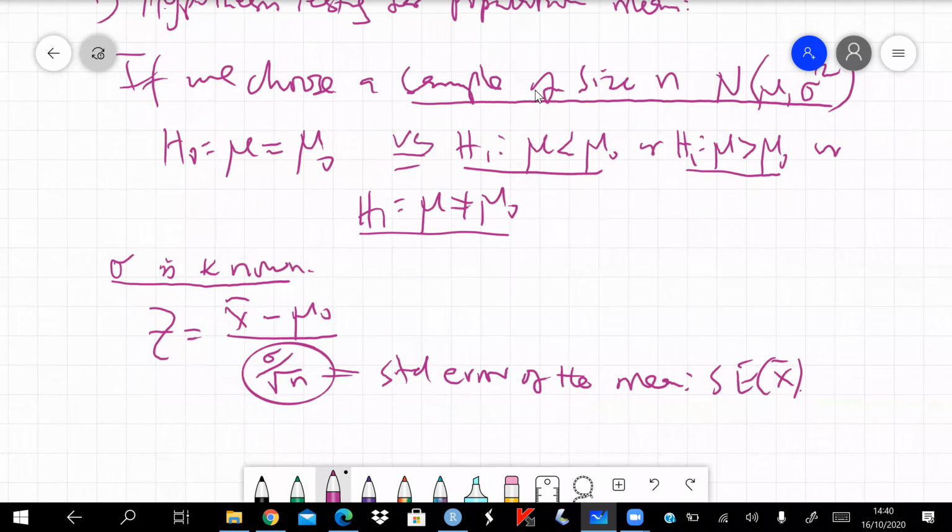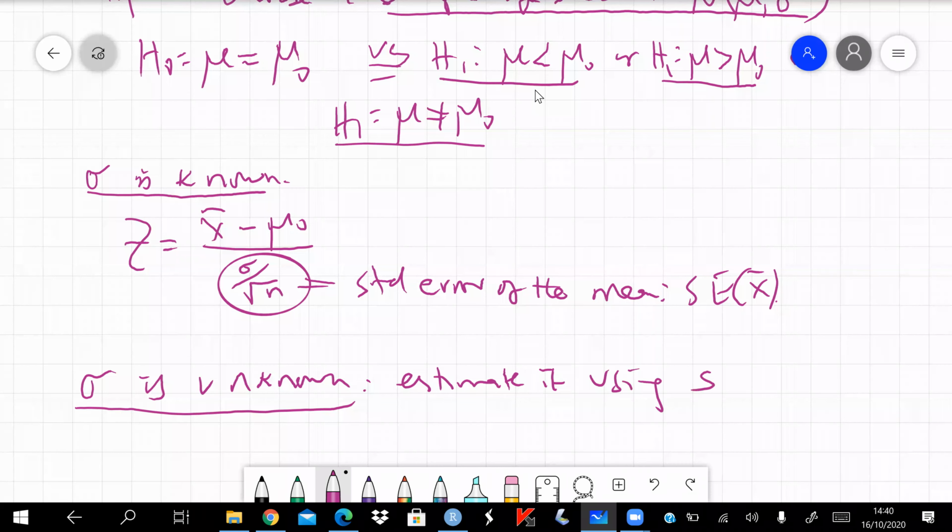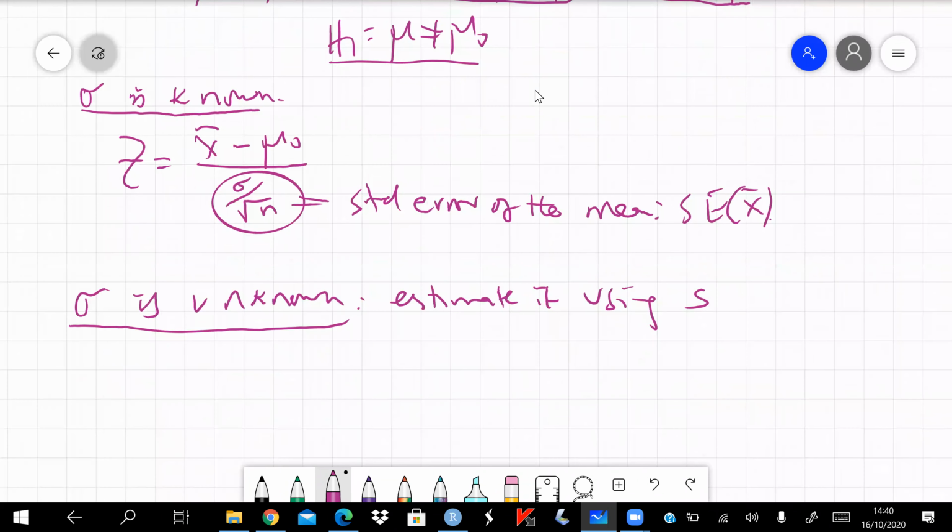Then there are times when sigma is unknown. When sigma is unknown, you estimate sigma using S, so you estimate the standard deviation of the population using the sample standard deviation. And then in this case, you use a T statistic.